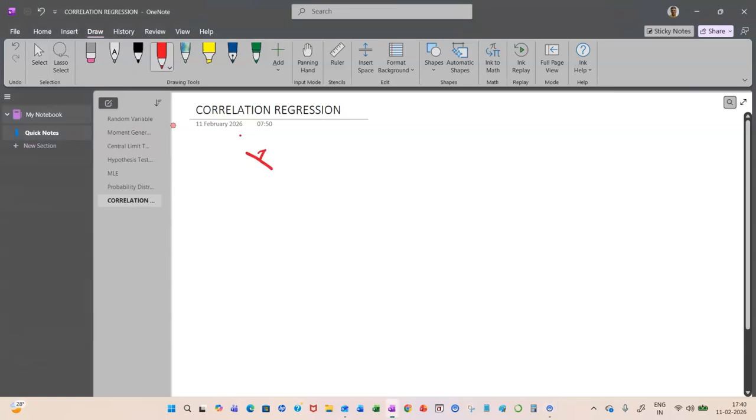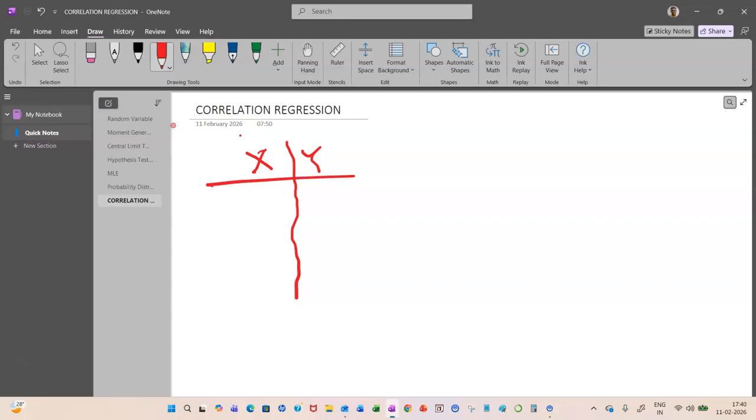So we have a variable x and a variable y, and we have several data points from 1 to n.